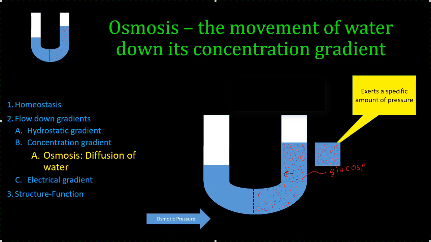Remember that the pressure is applied in all directions, including from right to left, and the pressure is equal. So we have hydrostatic pressure moving all of these molecules from right to left, but only water can get through the membrane. Osmotic pressure is pushing water from left to right. When those two forces are equal, there will be no net movement of water.